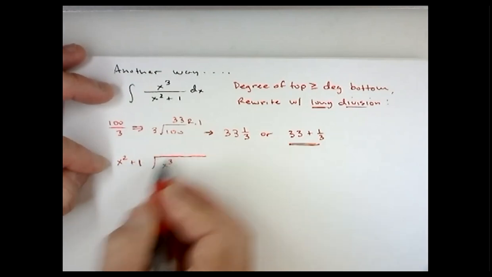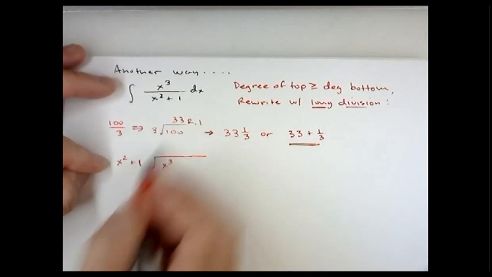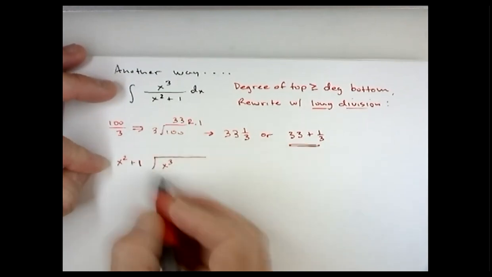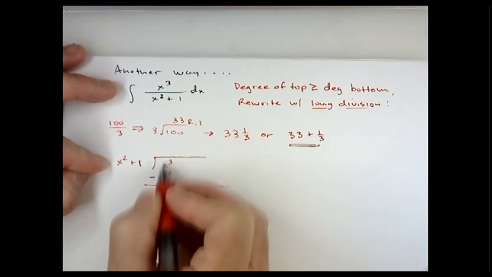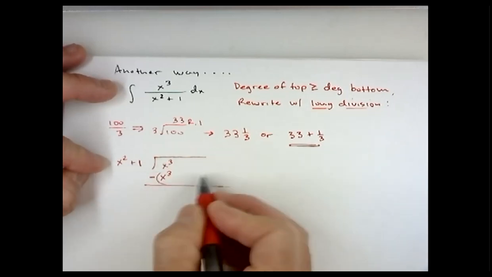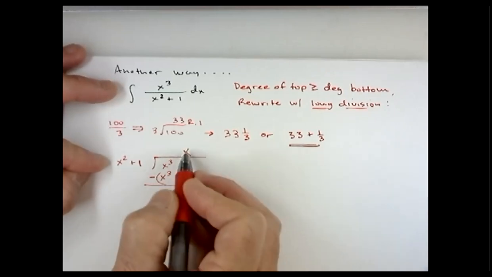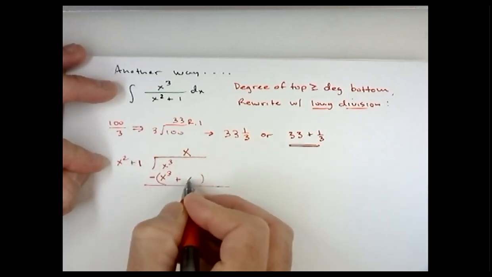So right off the bat, it's different, because usually you'd say, how many times does this go into this? Well, think about this. What would you put here so that when you multiply it, what I want to generate is an x cubed, because I know this is going to subtract out when I subtract. So I'd want to have an x there. That'll give me x cubed plus x.